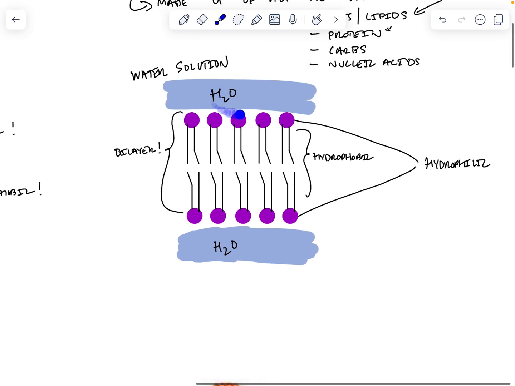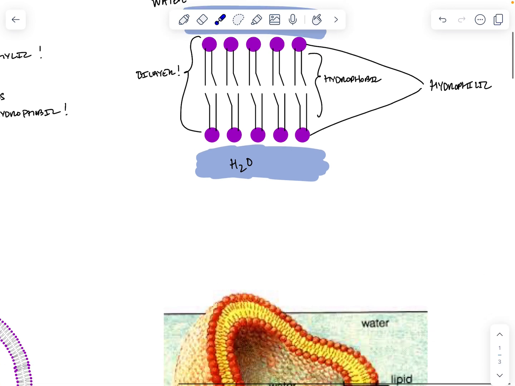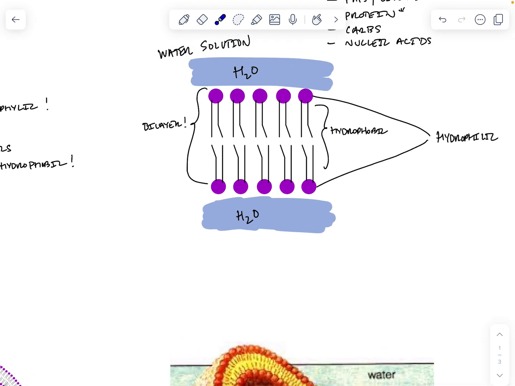So it's the most energetically favorable position for all of these molecules. Now you might be asking, well, what about this region in here? Doesn't water just creep in and start to interact with this side? Wouldn't that be unfavorable? And the answer would be yes. So cells don't just form a bilayer that's really tiny.